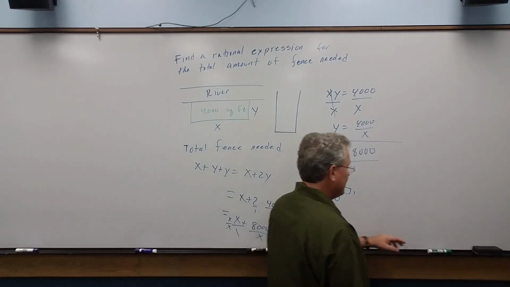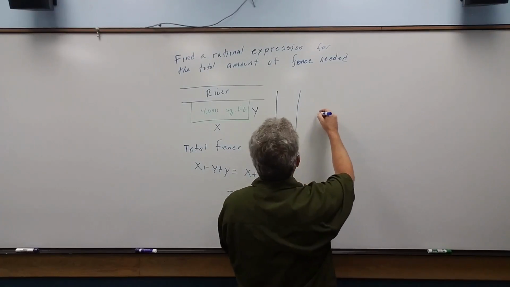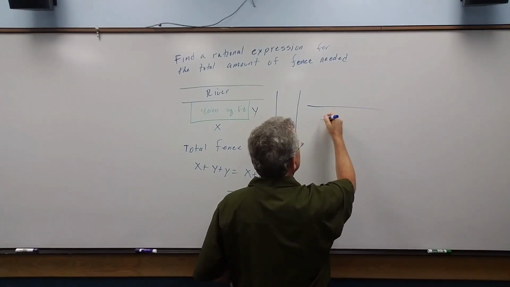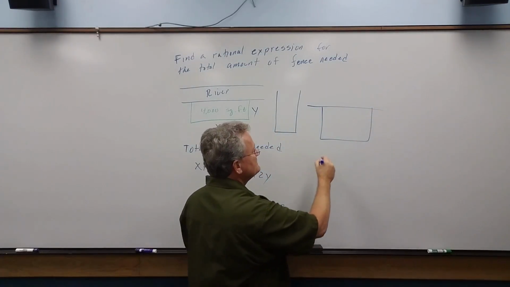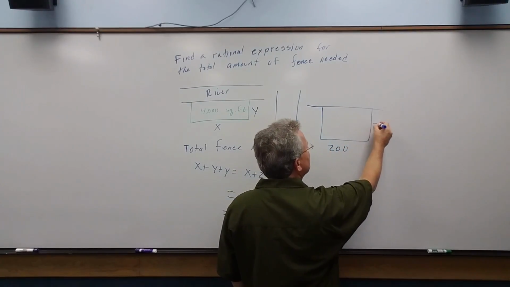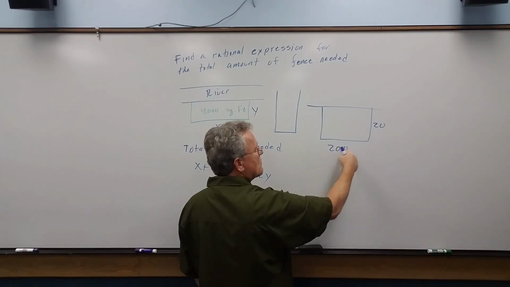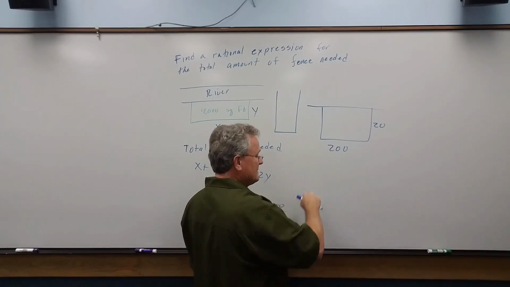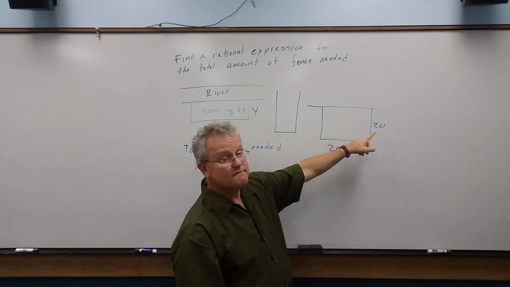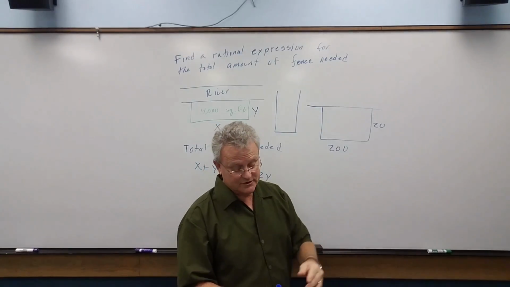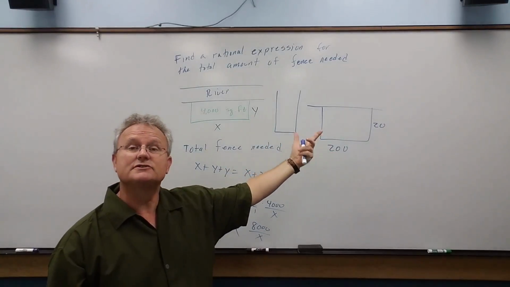If we were to lay this out with the river here, and we were to construct the pasture, let's say this was 200 feet and this was 20, well, 20 times 200 is 4,000. But what is the total amount of fence? 440, which is a lot less. So there are different answers depending on how you set up the pasture.